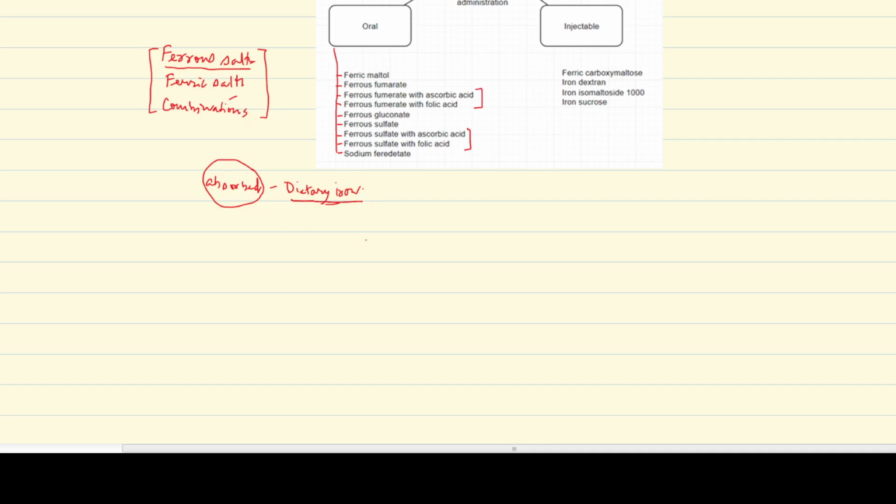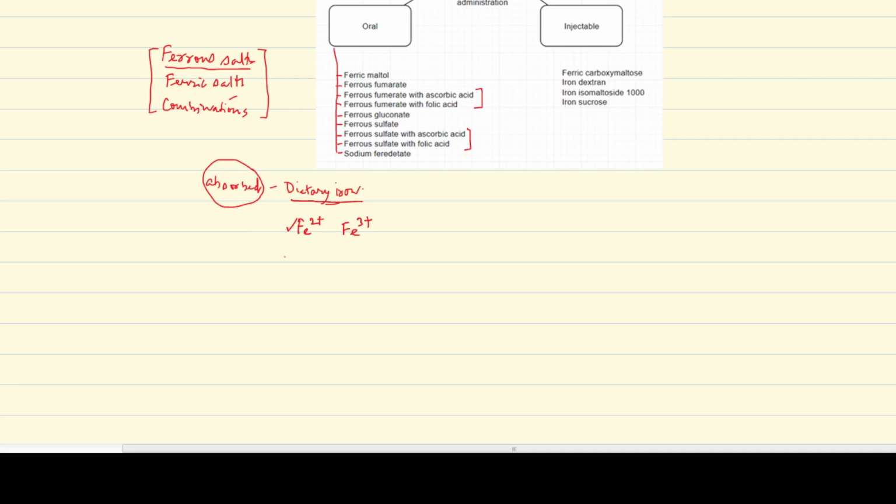Okay. Iron, we said, is very reactive. It's got two oxidation states. You've got the ferrous and you've got the ferric state. So this state happens to be more reactive. Okay? And because of this oxidation state, iron can combine with lots of drugs and dietary constituents.